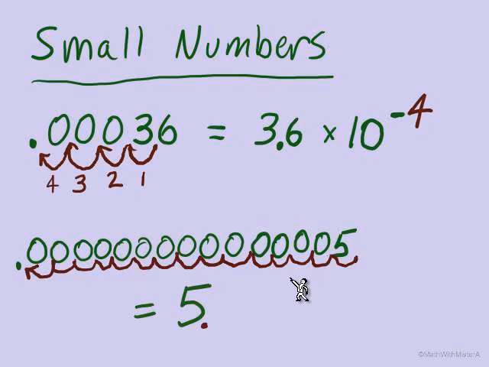So this is many. 1, 2, 3. I counted it earlier. 15 places. So 5 times 10 to the negative 15 for all these 15 jumps we have to make to the left to get our decimal point from behind the 5 back to its original spot all the way out here. 15 jumps, 5 times 10 to the negative 15th.